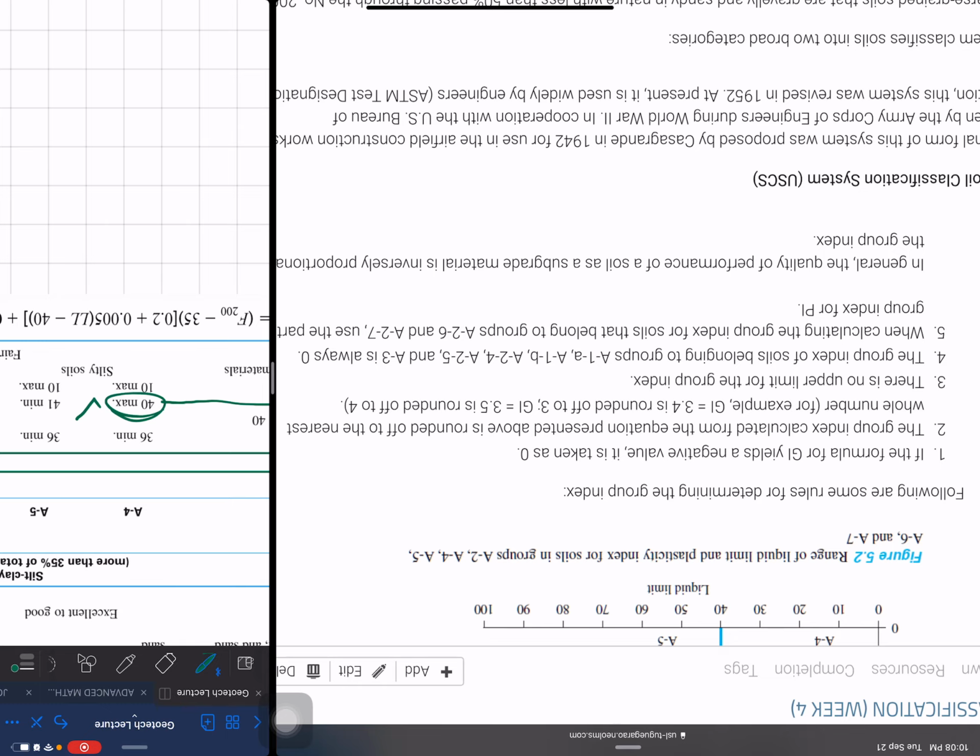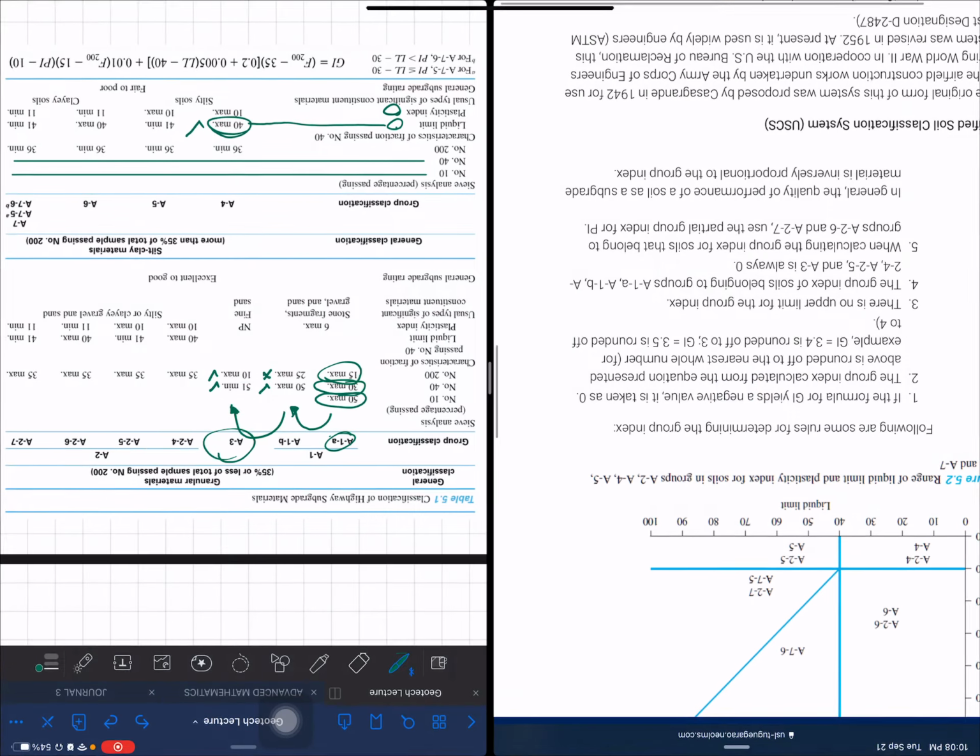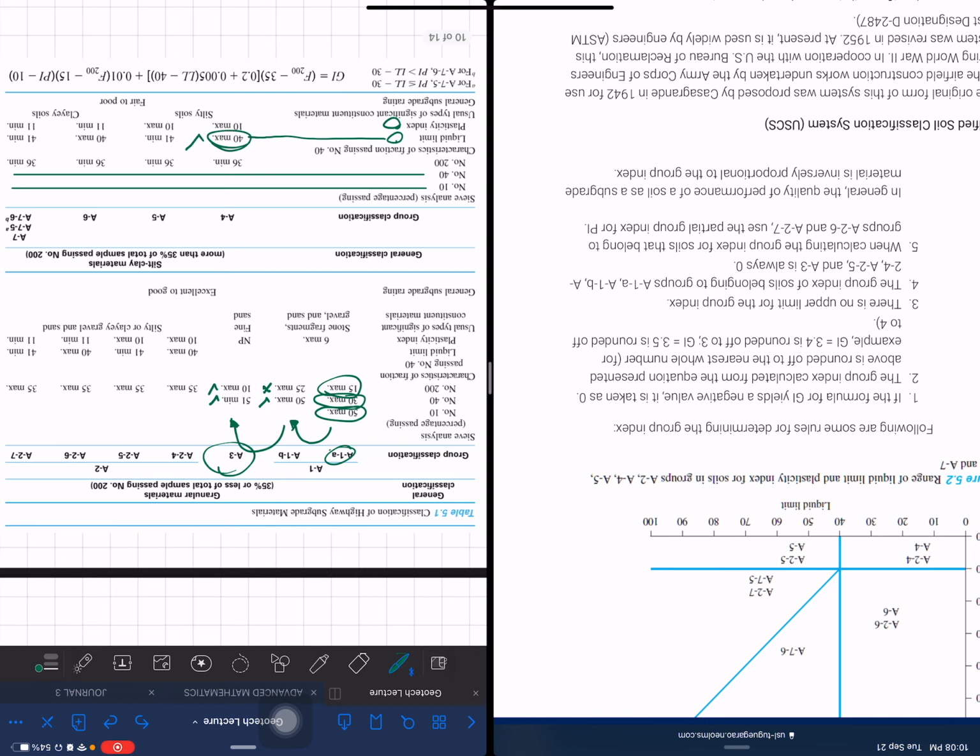So, kung meron dun sa table natin, yung mga A1, A3, tapos A24, and A25. Tama ba? Ayan. The group index of these groups are always equal to 0. So, kahit hindi mo na i-compute yung group index niya, okay, it is taken as 0 na.